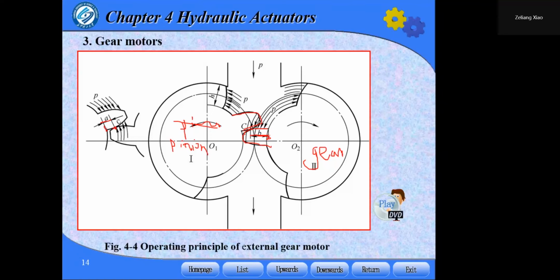Since A doesn't equal B, the forces loaded are different.